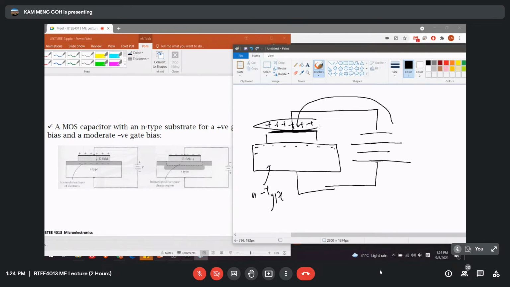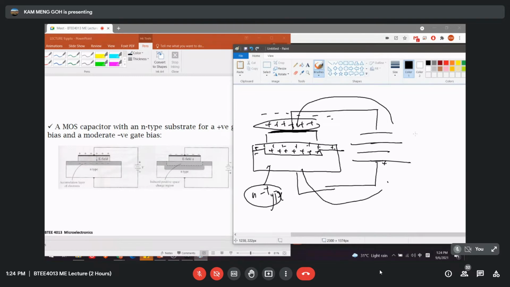But if you connect in the reverse way, right now here all becomes negative. When it becomes negative, positive charge comes to here, right? When positive charge comes to here, originally this one is the n-type, so here it will create the region to accommodate all the positive charge.